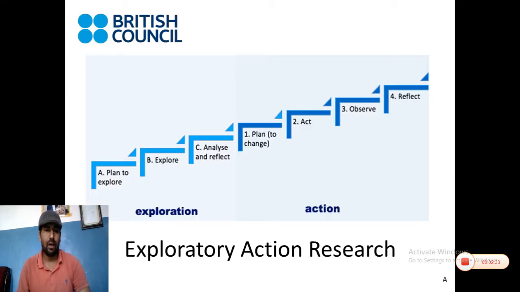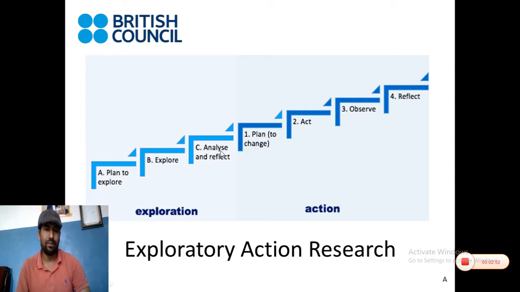So this is the figure. You can just see we have already planned to explore, and we have explored as well. And then we are here in this stage, analyzing and reflecting actually.